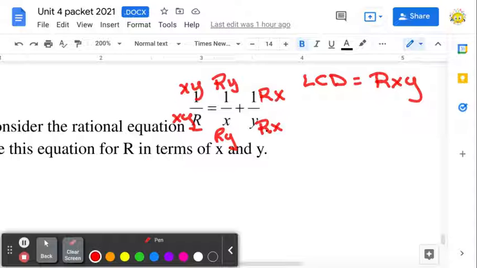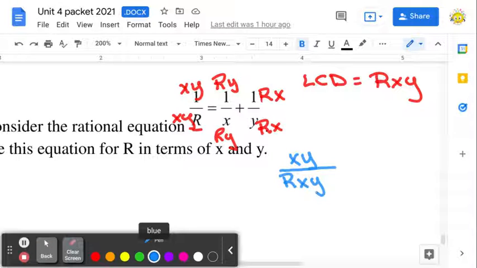So now I'm going to rewrite this over here. xy over rxy. Remember, you can write the letters in any order. Multiplication is commutative. ry over rxy plus rx over rxy.